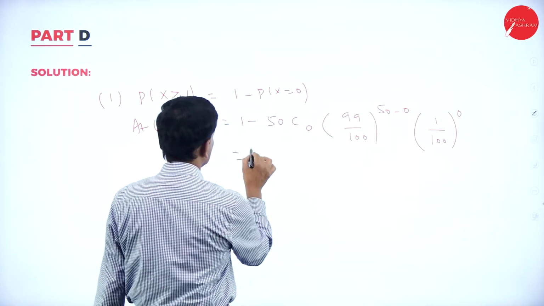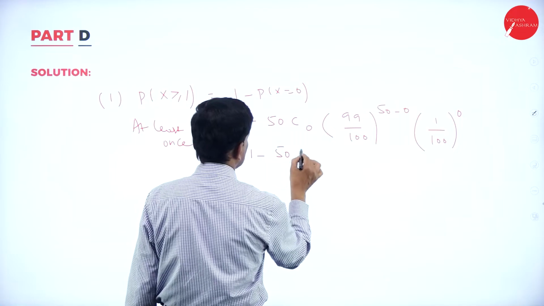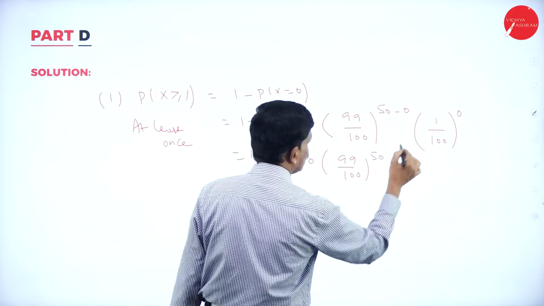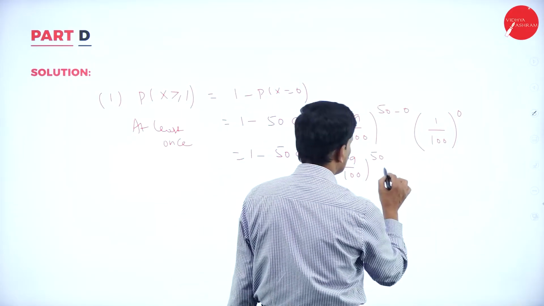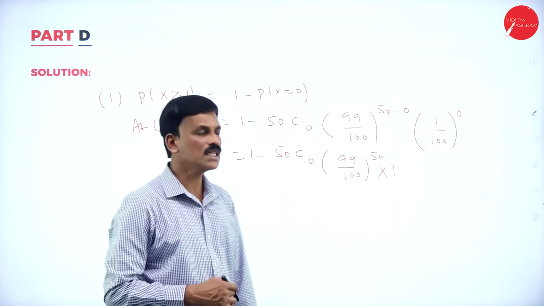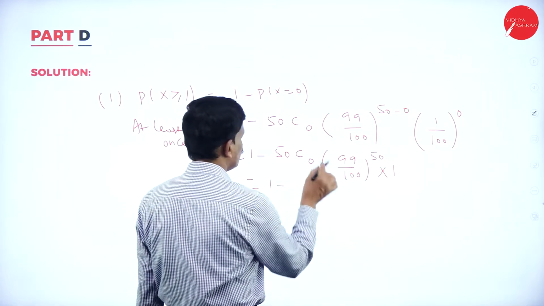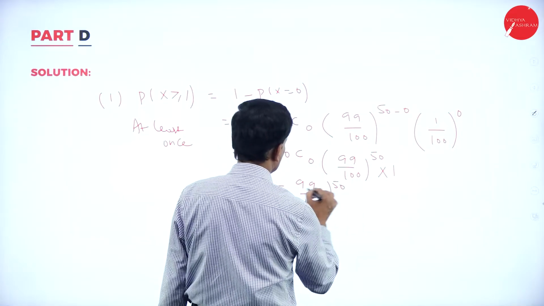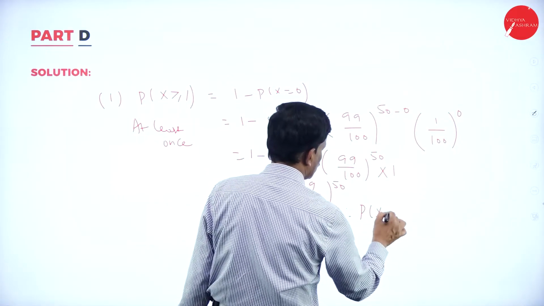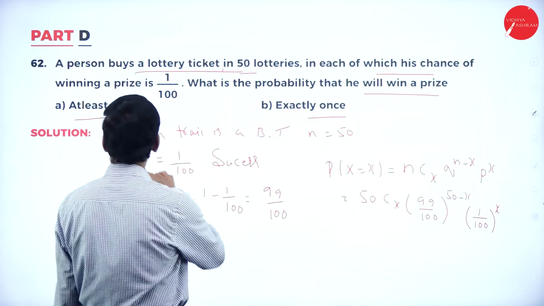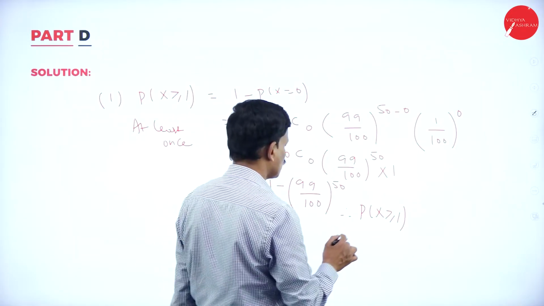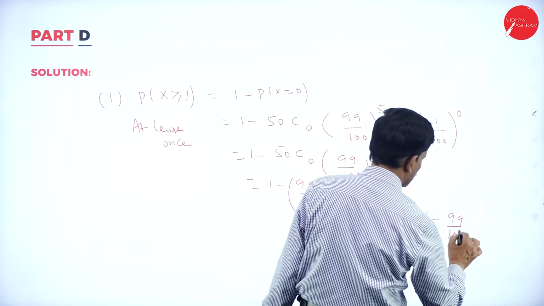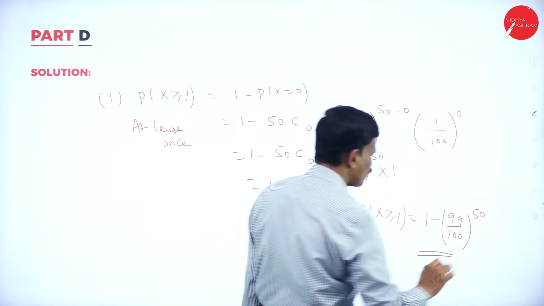Now, what is this equal to? 1 minus 50C0, 1 into 99 by 100 to the power of 50. So, therefore, probability of X greater than or equal to 1, that means at least once getting a lottery, is equal to 1 minus 99 by 100 to the power of 50. This is the first case.